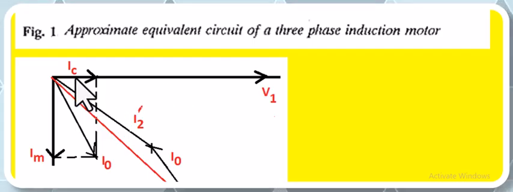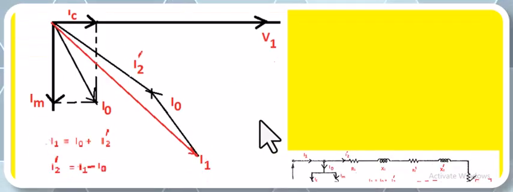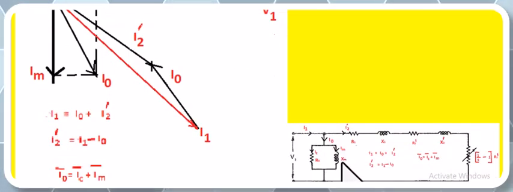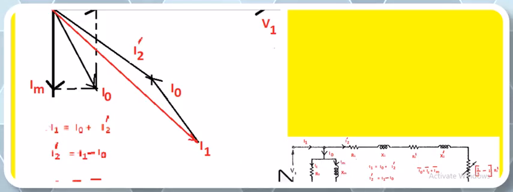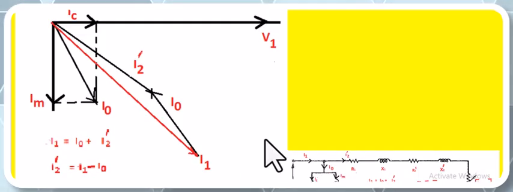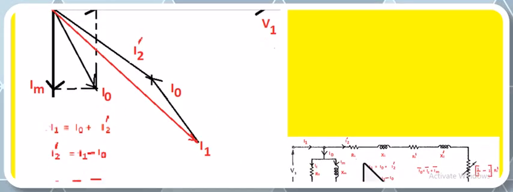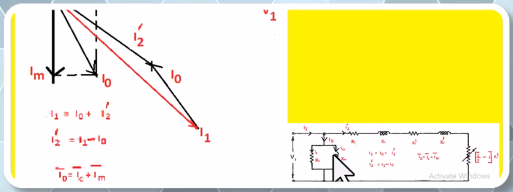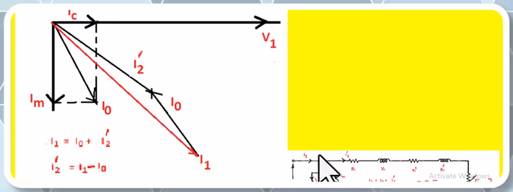Next there is the magnetizing current, which will flow through the inductor, that is XM. The current flowing in an inductor lags the applied voltage by 90 degrees, so it can be shown like this. This IM lags V1 by 90 degrees.